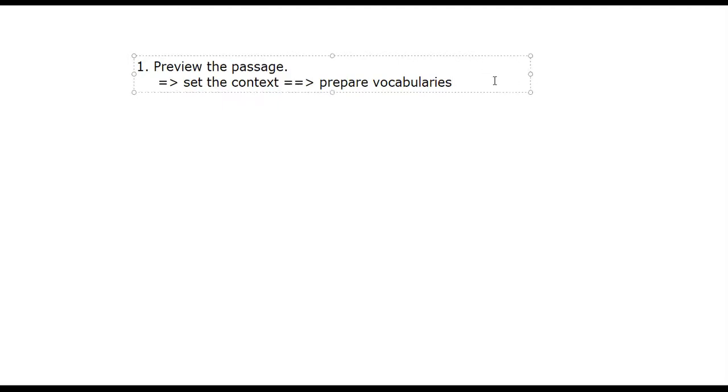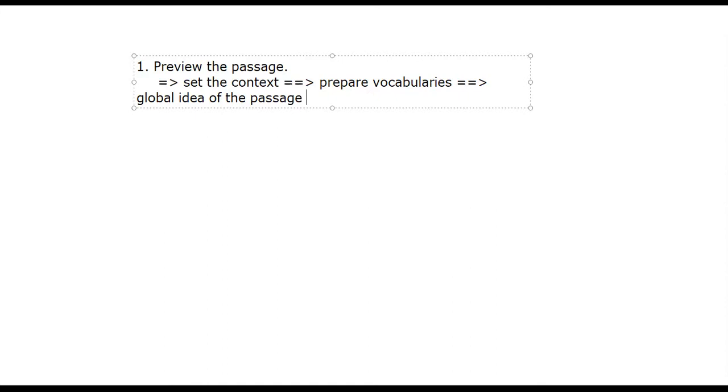Also, by doing the preview, you would understand the gist or the global idea of the passage. This global idea that you will get, maybe not thoroughly, will not be 70%, it will not even be 50% of the whole passage.